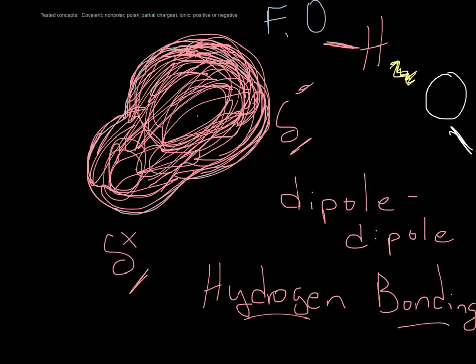It's a pull. It's not really a bond. When things are sharing electrons, we call them some kind of covalent bond, right? An ionic bond is when two things are really strongly held together, like between two ions, a full positive and a full negative. But this is a relatively weak force called a hydrogen bond.